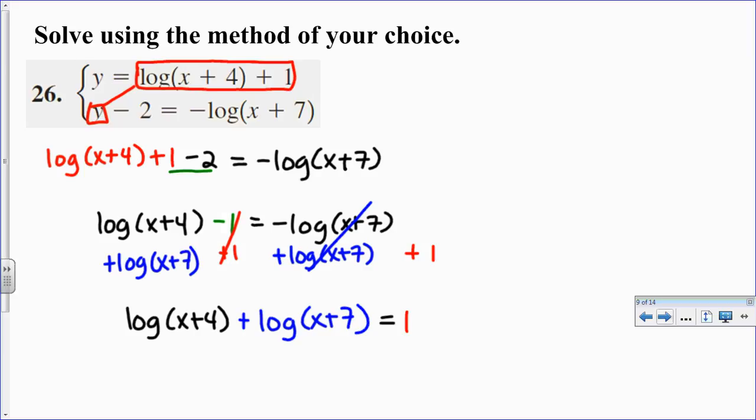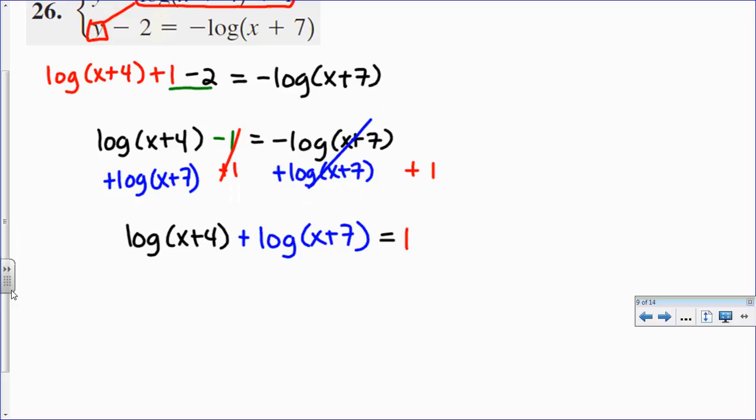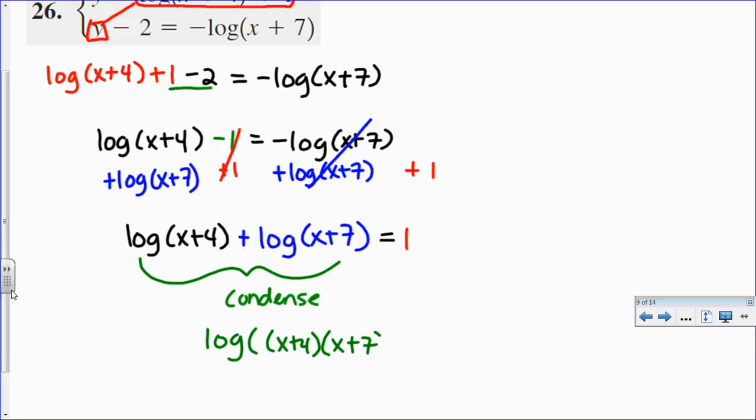Using properties of logs, they're the same base, so I can condense those by multiplying. So log base 10 of x plus 4 times x plus 7.